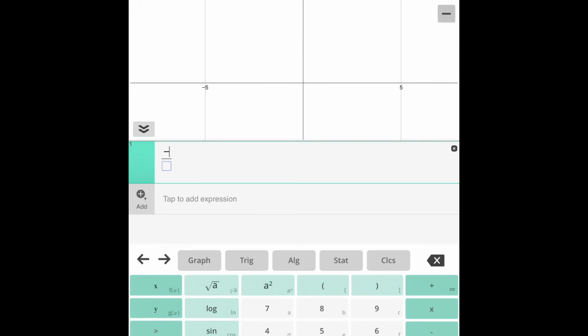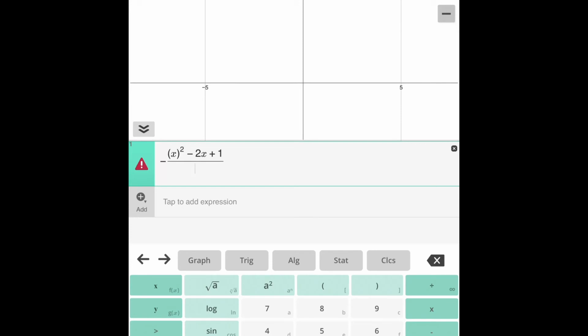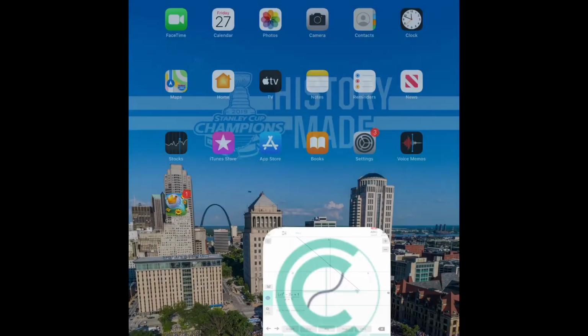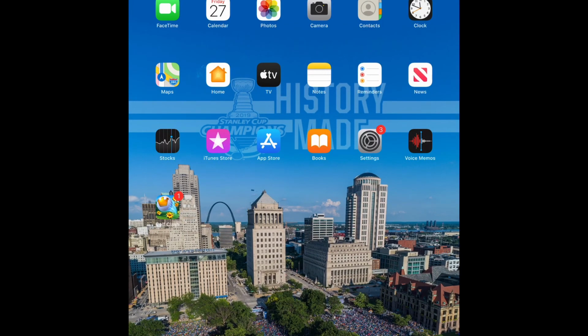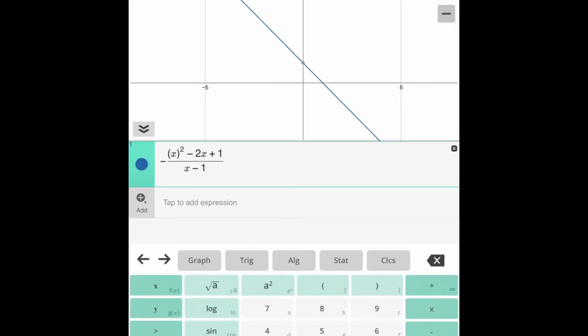And the same thing is probably true for the rest of these. So if I graph the next one, negative x squared minus 2x plus 1 over x minus 1.